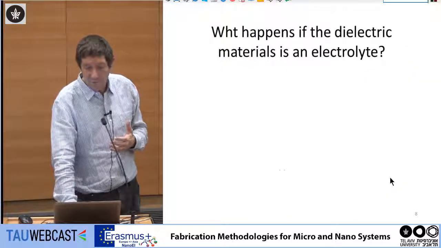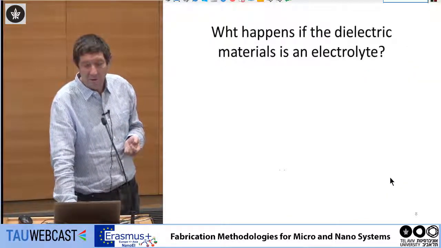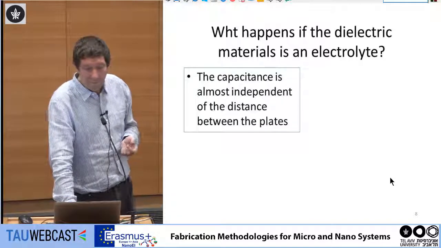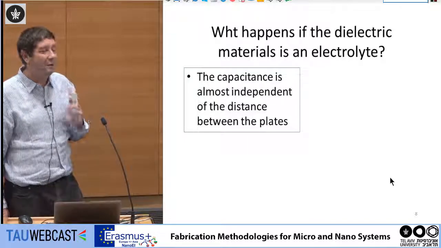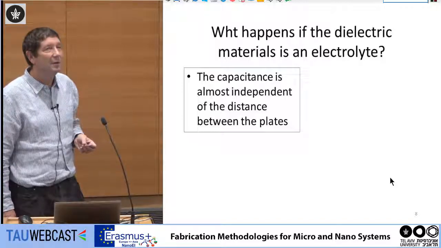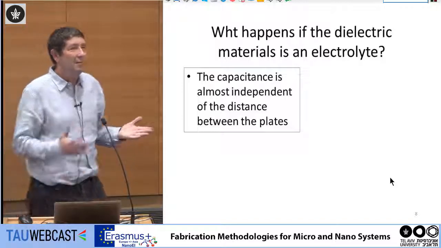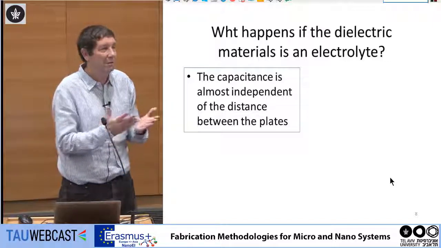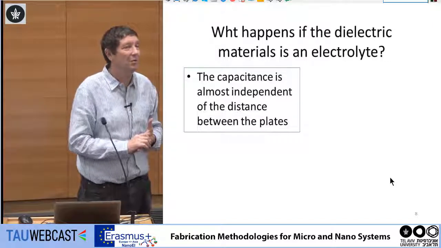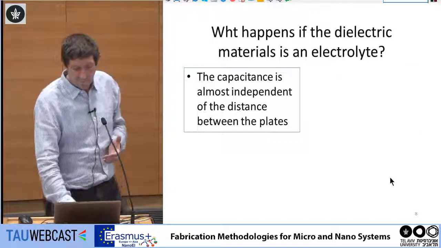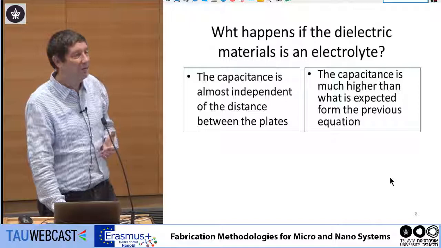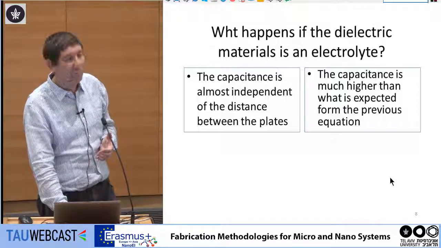This is fundamental. What happens if the dielectric material is an electrolyte? The capacitance is almost independent of the distance between the plates. But the liquid is an electrolyte. It's not conducting electrons. What's happening there? What else you see, the capacitance is much higher than what is expected from the previous equation.